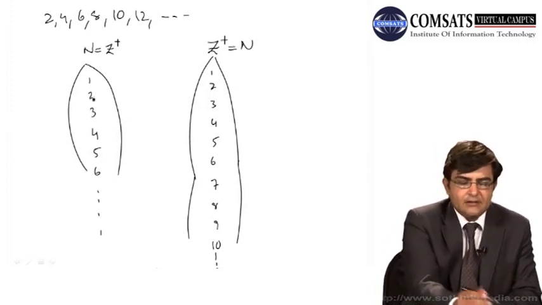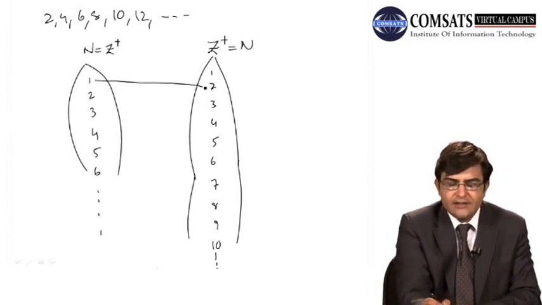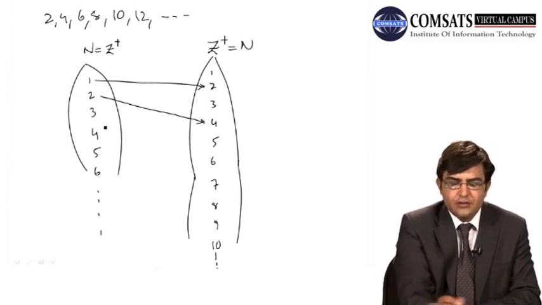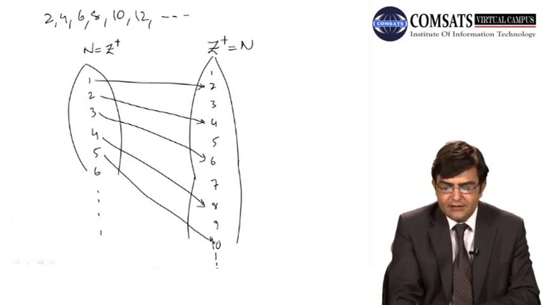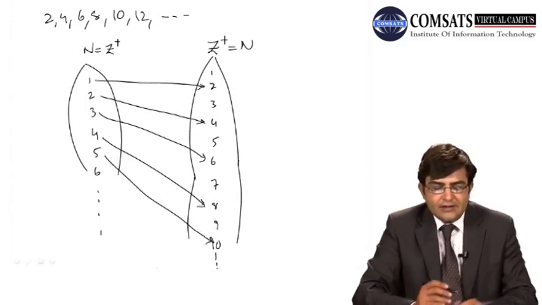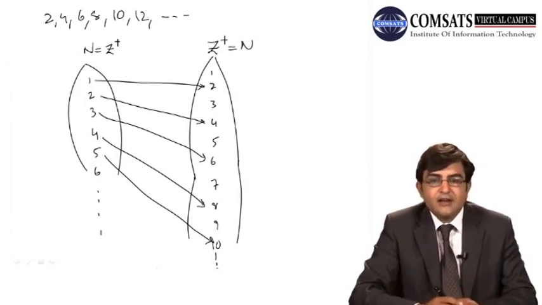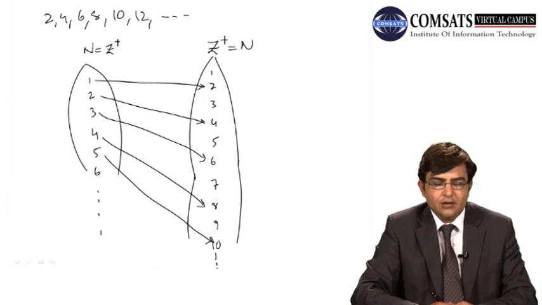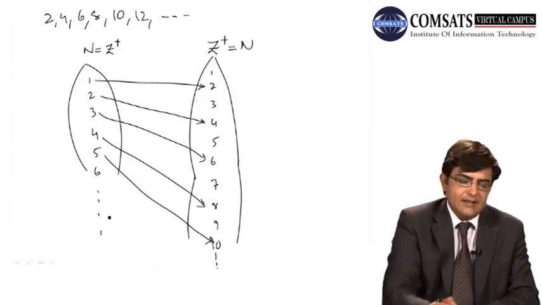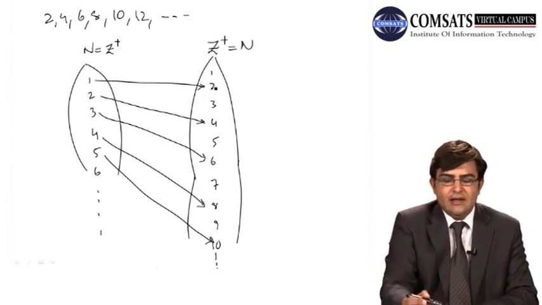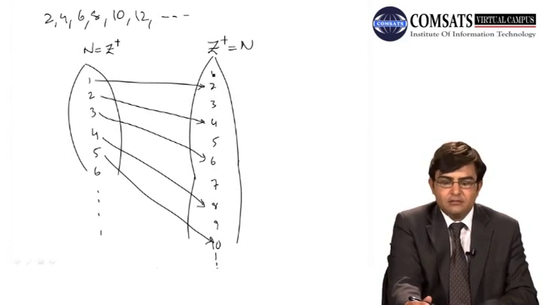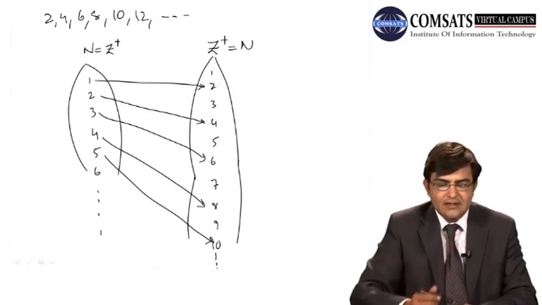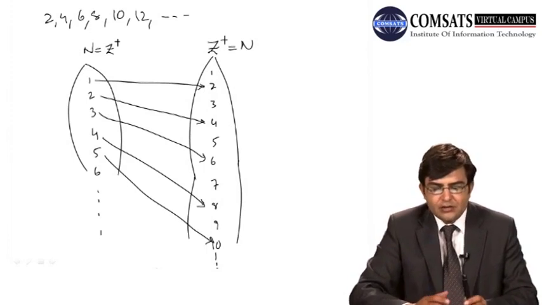Now you can see here that 1 is related to 2, 2 is related to 4, 3 is related to 6, 4 is related to 8, 5 is related to 10 and so on. Now you can see that this arrow diagram basically satisfies all the properties of the function, because each element of x is connected to exactly one element of the second set. So this satisfies the definition of a function.